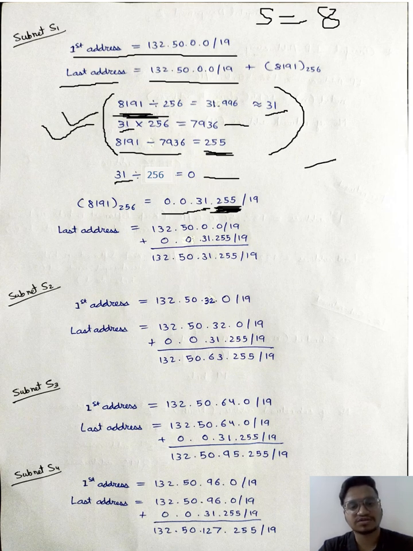But here we got a 0, so we stop, and we use this 31 in the third place and the remaining as zeros, and this will act as a mask for this address.